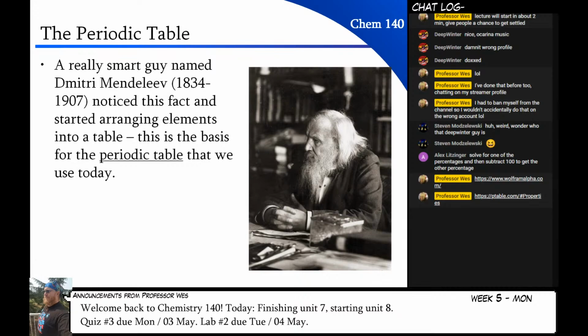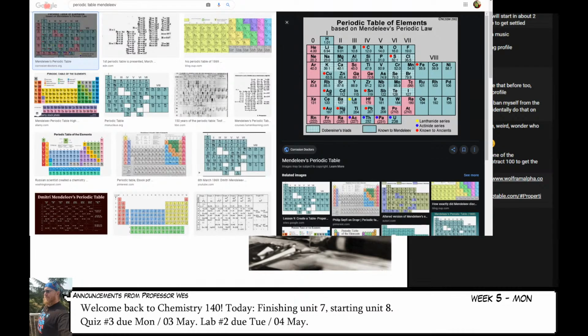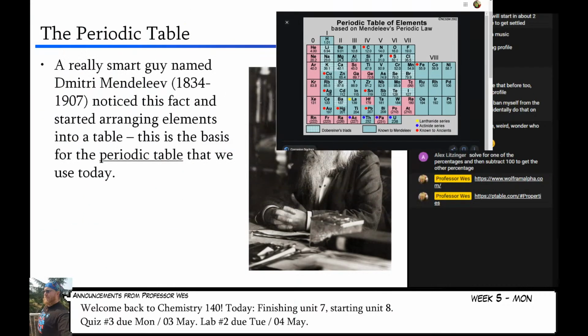I can actually get you a picture of Mendeleev's periodic table. So let's see here. Periodic table Mendeleev. I don't know how to actually pronounce his name. There we go. We'll capture that on the screen. It'll look like this, the one that you see on the right here.